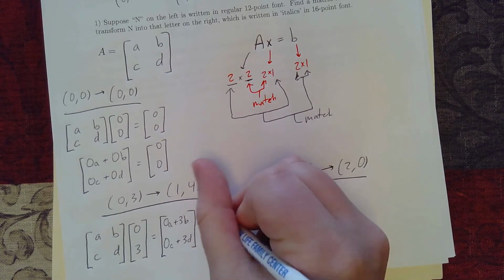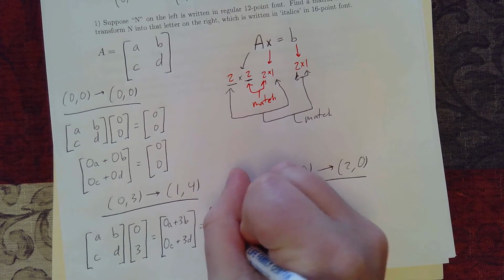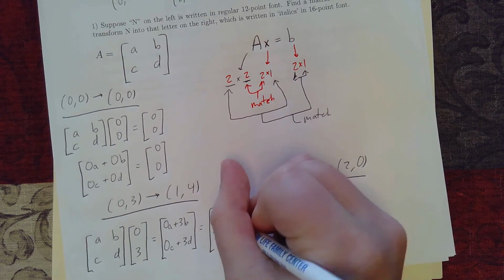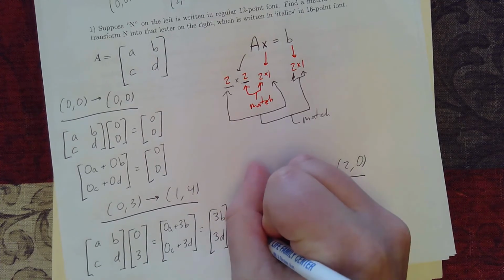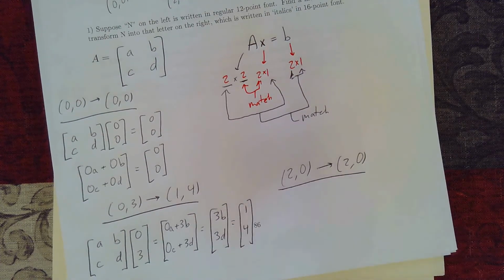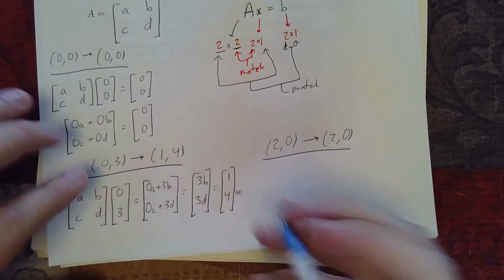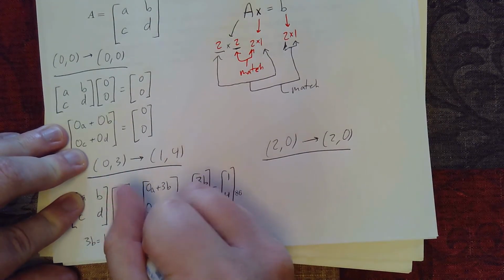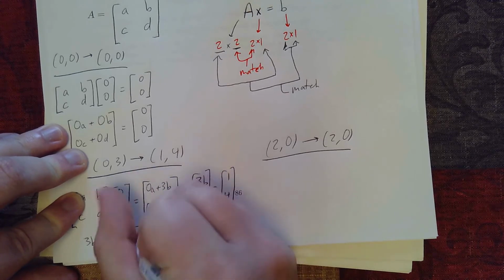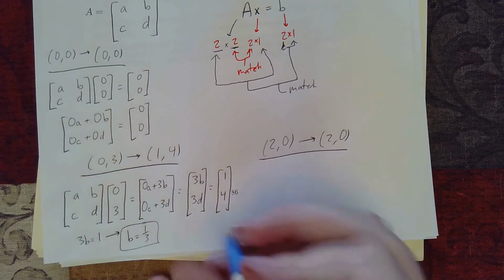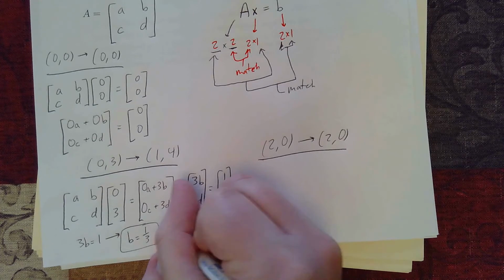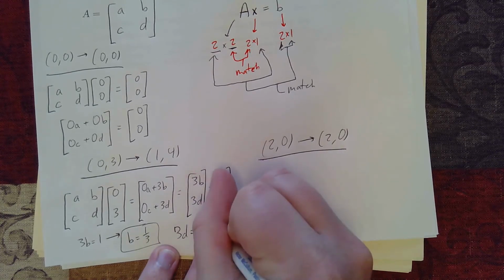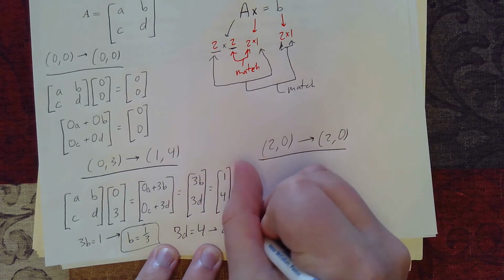So we get that 3b and 3d equals 1, 4. Well, if 3b equals 1, that tells us that b equals a third. And if 3d equals 4, that tells us that d equals 4/3.